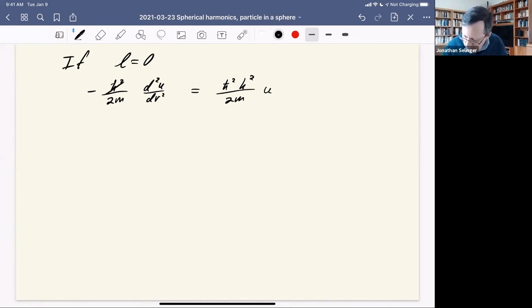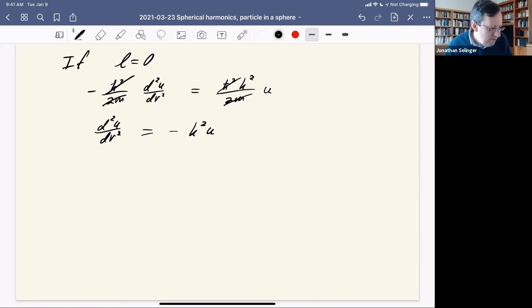So the h bar squareds and 2m's cancel, right? That the second derivative is just minus k squared times u. You know all about that problem, right?